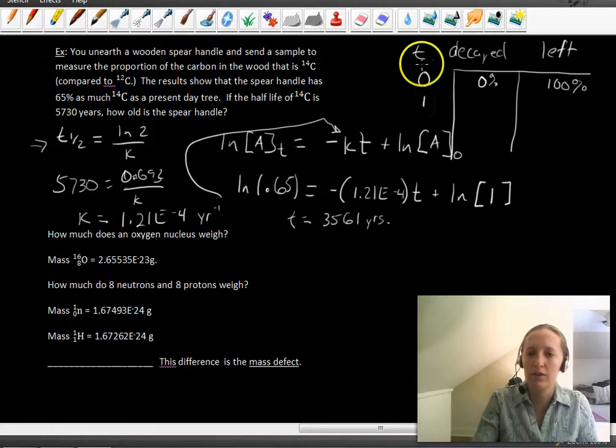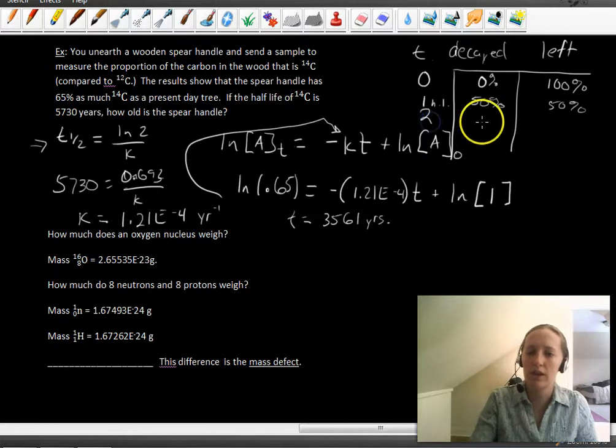After 1 half-life, 50% of it has decayed and 50% of it is left. After 2 half-lives, 75% of it has decayed and 25% of it is left.